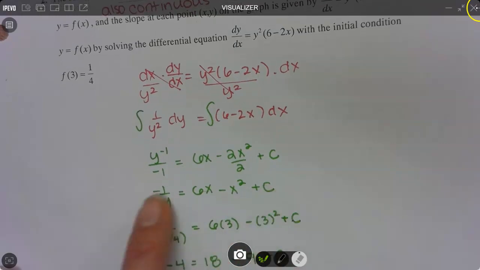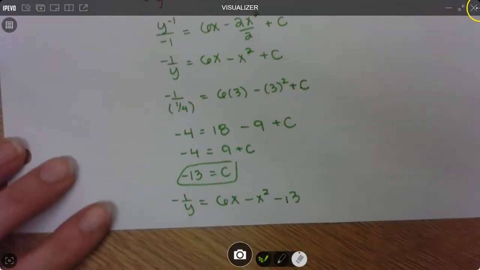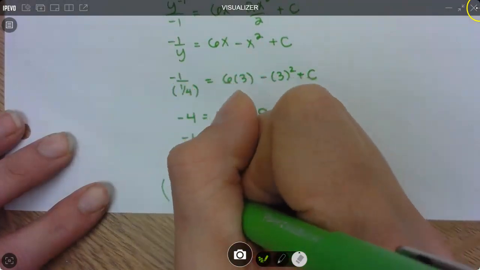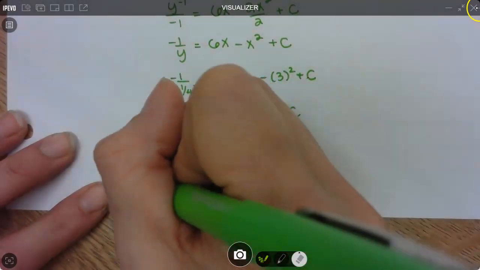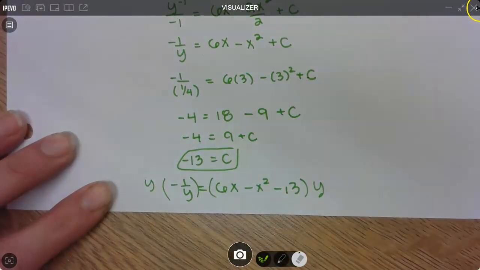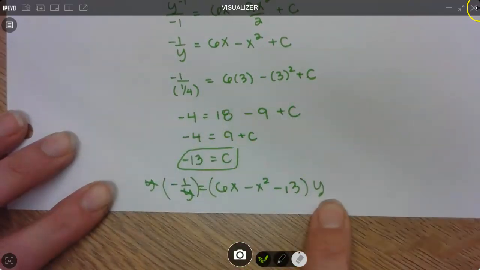So ideally, this situation is kind of gross because y is in the denominator. So what we're going to say is, okay, this is negative 1 over y equals 6x minus x squared minus 13. But what we're going to do is multiply both sides by y. So these y's cancel, and that y is now over there.